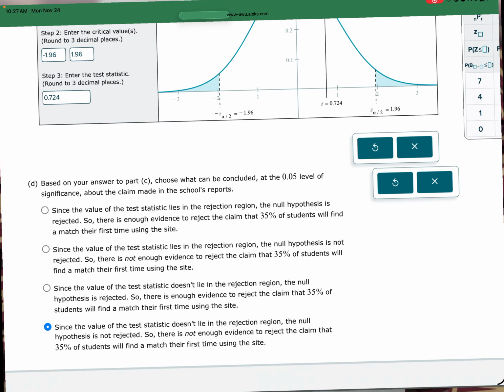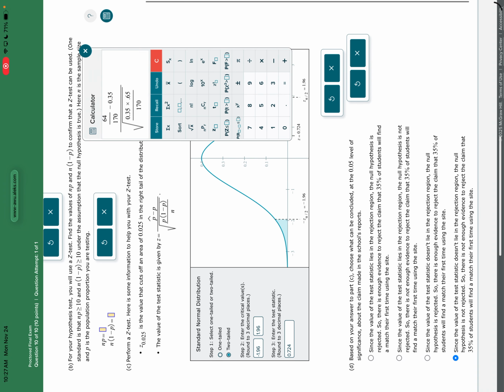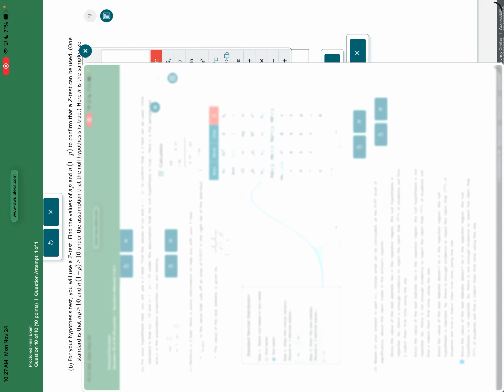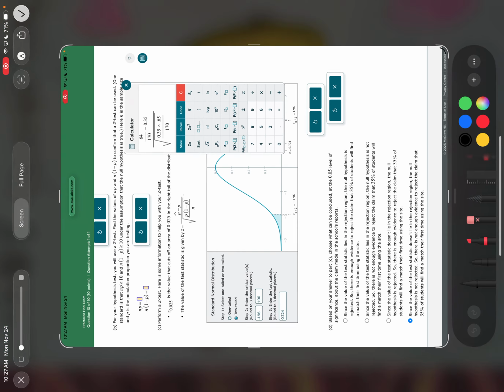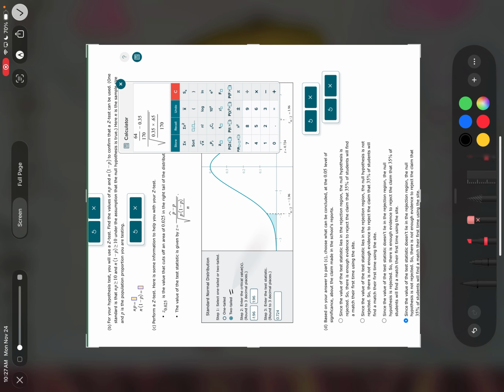Let me write a couple things real quick. I think all our numbers are right there. So we're doing not equal to, so it's two tail right here. I did this wrong, but it should be 170 times 0.35 and 170 times 0.65. Okay.